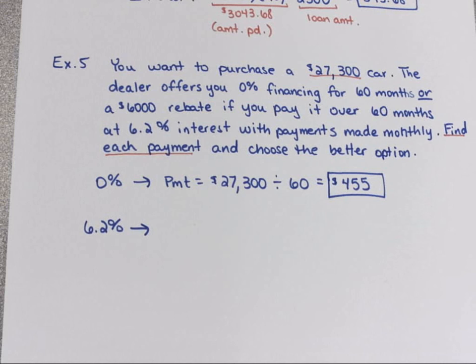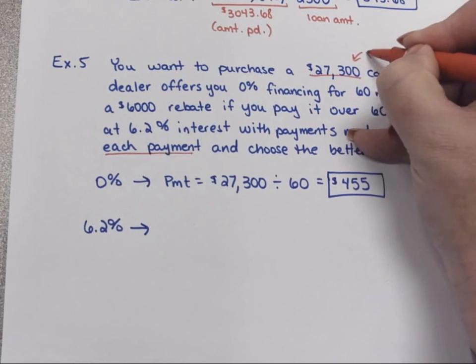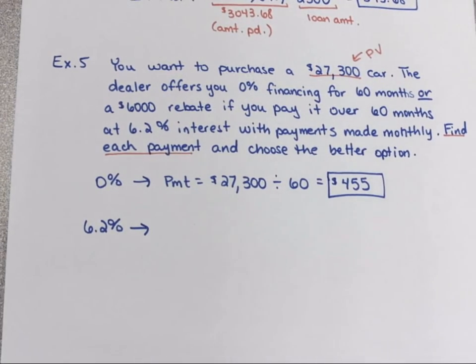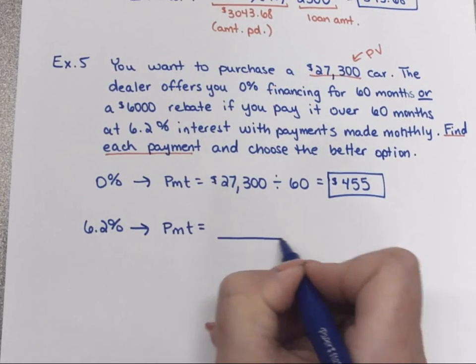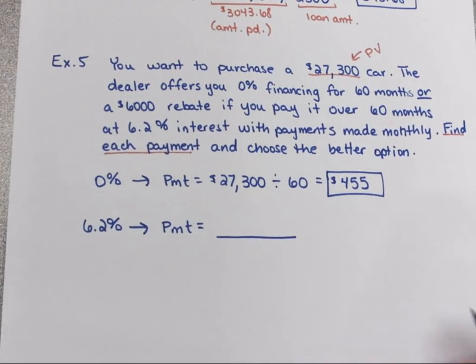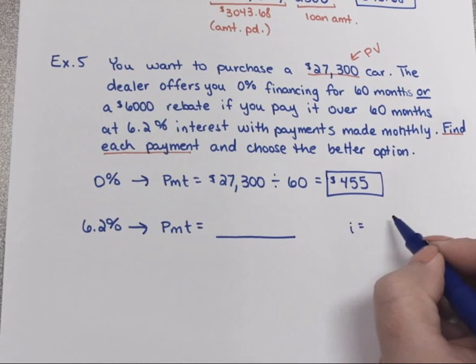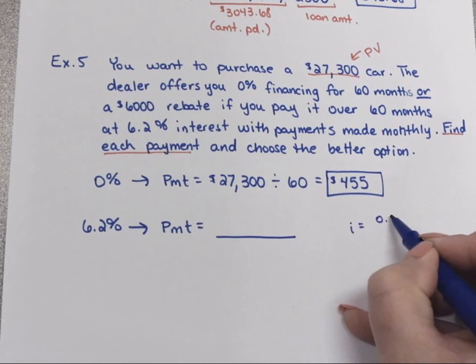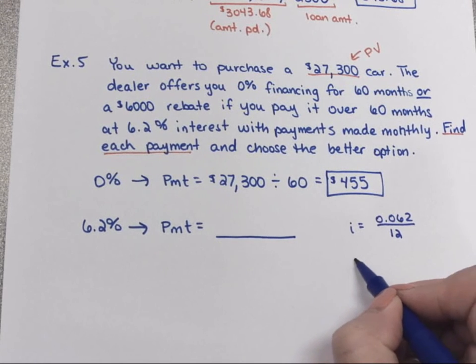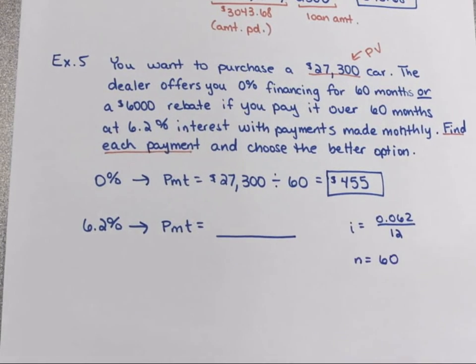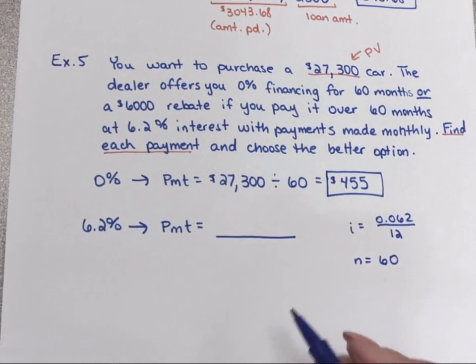If you see any of those terminologies, it means that's the price right now, before interest has been added. So this is present value, so we are going to use that formula again. So it's going to be payment equals, and then our fraction. Like we always do, let's figure out the interest. So it's going to be 0.062 over 12 for I, and then N we're given. N is 60.